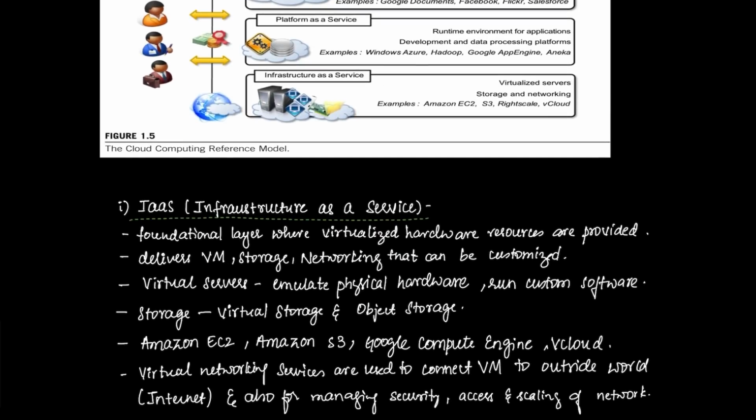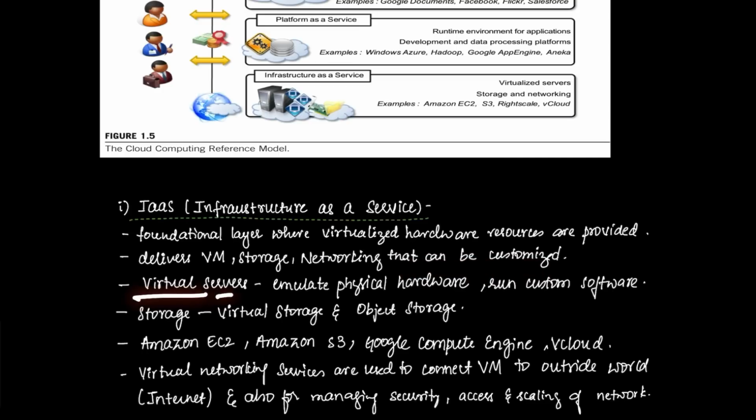So infrastructure as service lays the foundational layer. So this is the base layer of cloud computing where virtualized hardware resources are provided on demand. So the IaaS or infrastructure as service delivers infrastructure like virtual machines, storage, networking that can be customized by users depending on their applications.